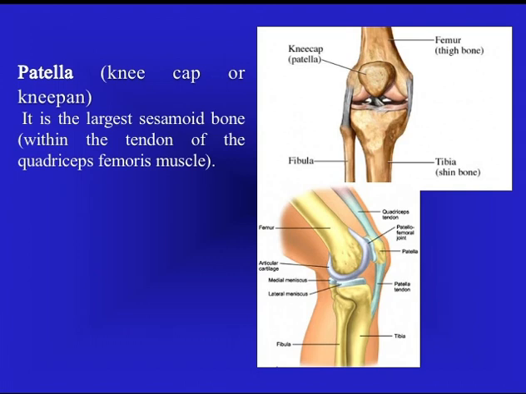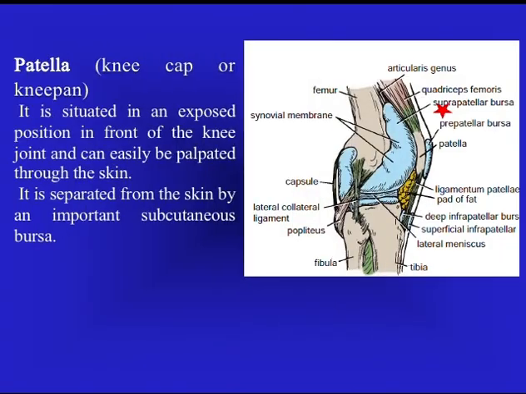The patella, or the kneecap, is the largest sesamoid bone within the tendon of the quadriceps femoris muscle. It is situated in an exposed position in front of the knee joint and can easily be palpated through the skin. It is separated from the skin by an important subcutaneous bursa.